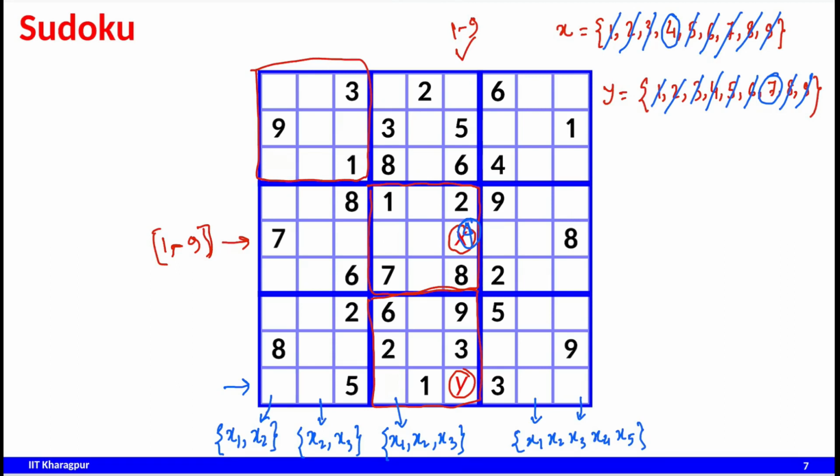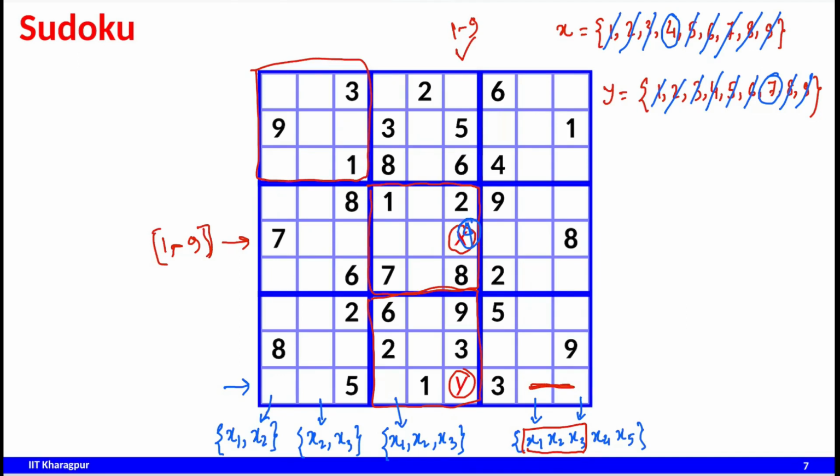Now if I have this situation, then I can conclude that any one of these three values x1, x2, x3 cannot be placed here.